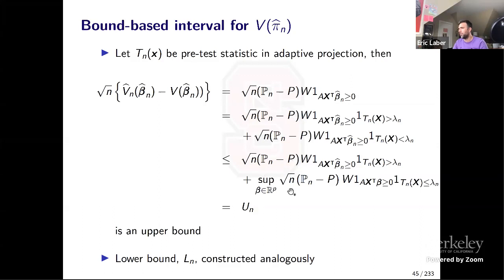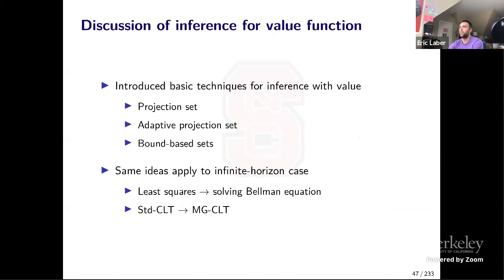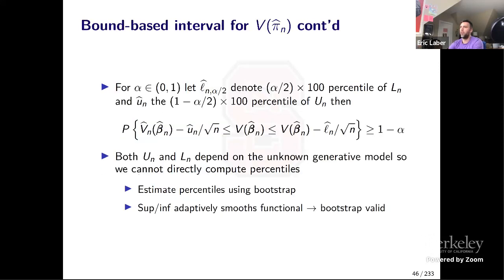But you can then compute this quantity and compute its percentile that way. So this gives you a bound-based approach for the conditional value that will hold under both fixed and local alternatives. Questions on this before I continue?